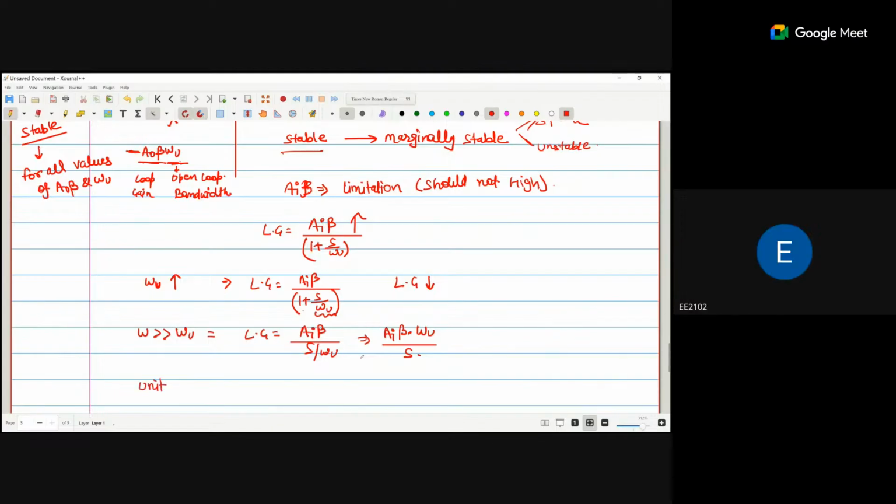What is your unity gain frequency? That means the frequency where your loop gain will be 1. So s is A naught beta times omega u, or we can say omega is A naught beta times omega u.